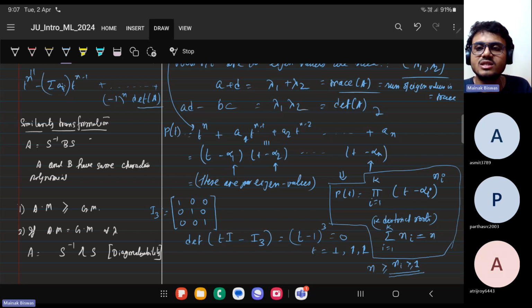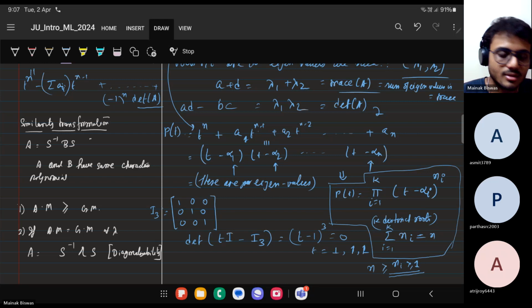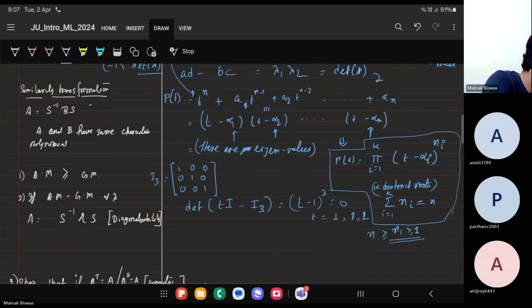And k is the number of distinct roots that you have. So here you have only one distinct root. So at most how many distinct eigenvalues will you have? Question. At most how many distinct eigenvalues?